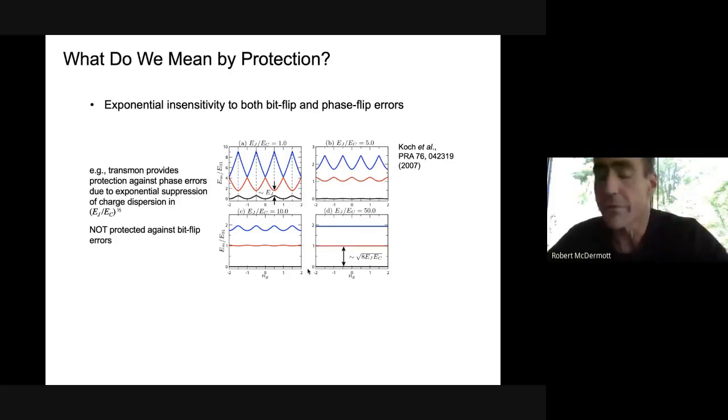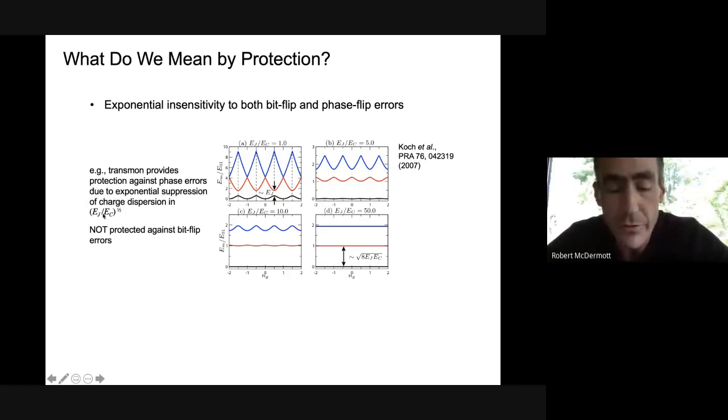And then if you increase the value of the shunt capacitance, so increase EJ over EC, then the wave function becomes highly delocalized in charge space so that the device becomes exponentially insensitive to fluctuations of the offset charge on the island. So you end up with a charge dispersion that is exponentially suppressed in this ratio EJ over EC.